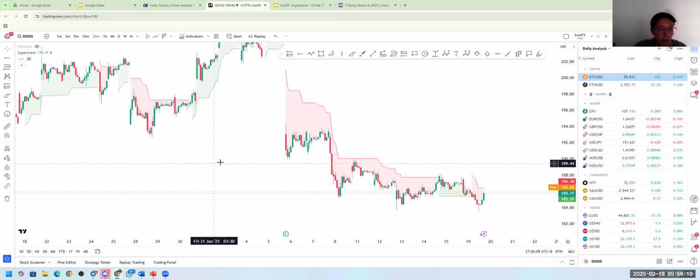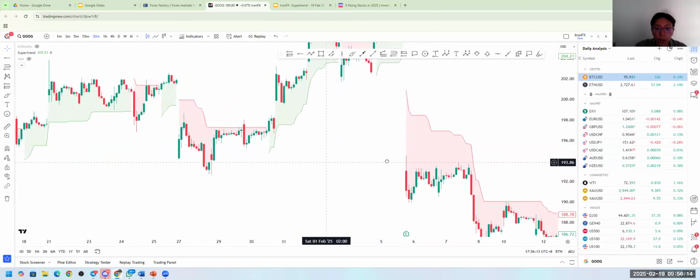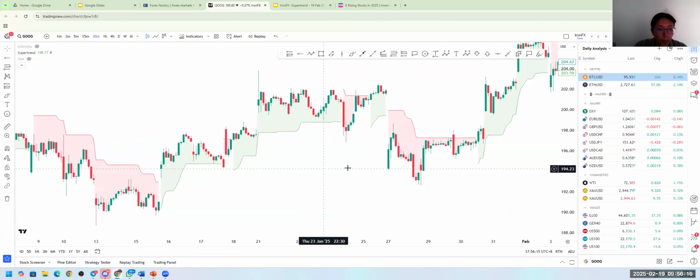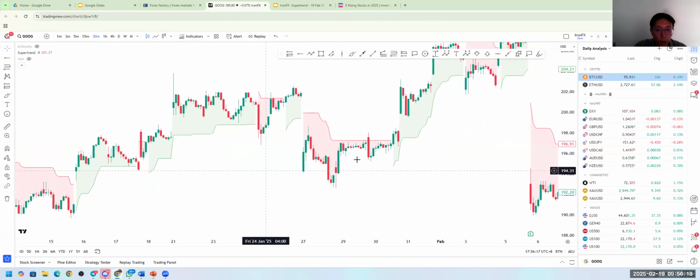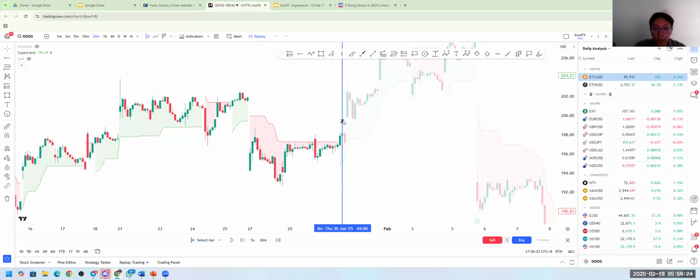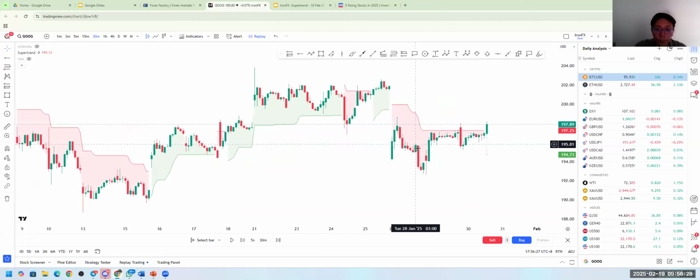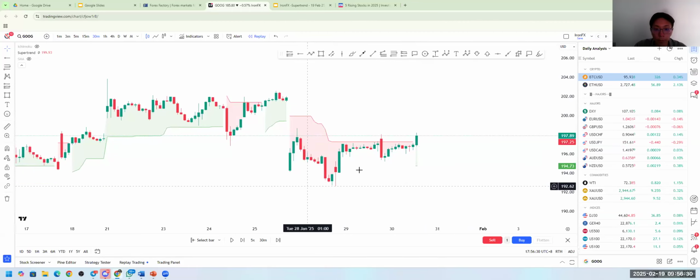Let me show you right here. You can see this area, right? If you look at the chart right here, price is definitely trying to break past this whole area.